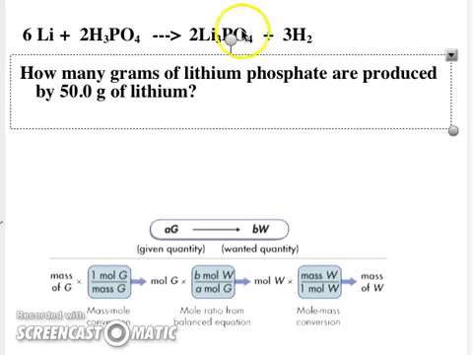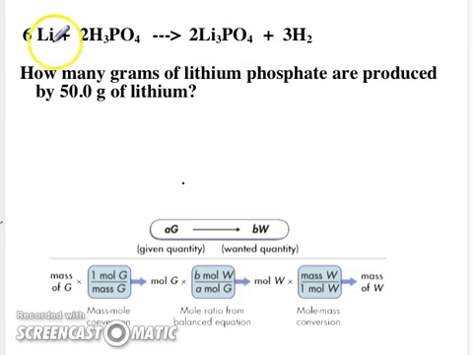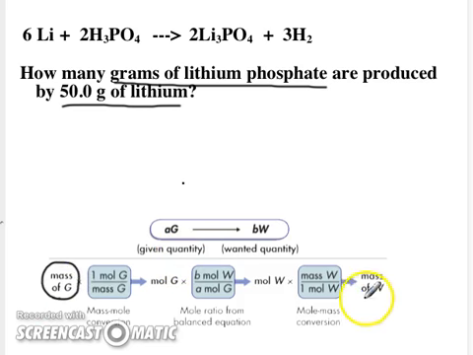This is that same balanced equation, but now this is another example of a three-step conversion problem. So we are looking for grams of lithium phosphate, and we're given 50 grams of lithium as a starting point. So we're going to start off right there, and we're going to end up right there. So this is going to take 3 conversion factors to get there. So we're starting with 50.0 grams of lithium.